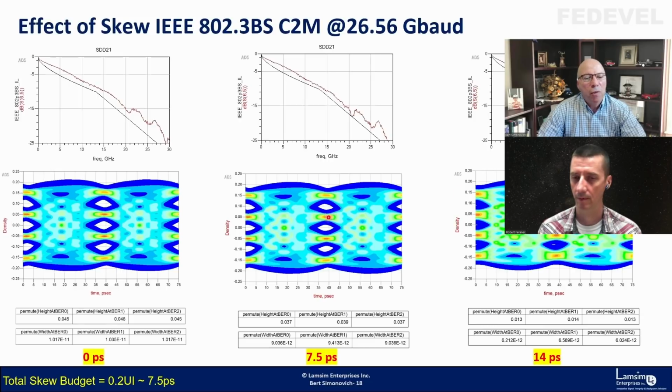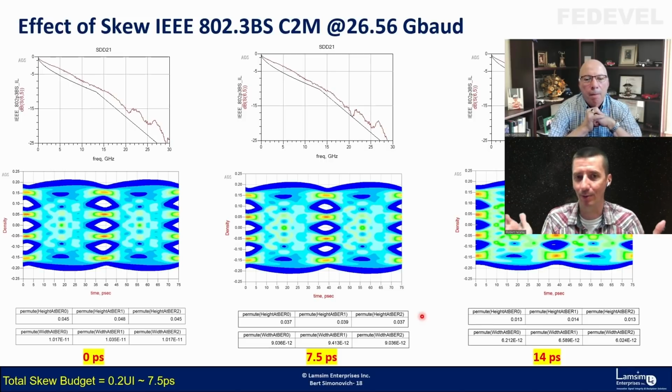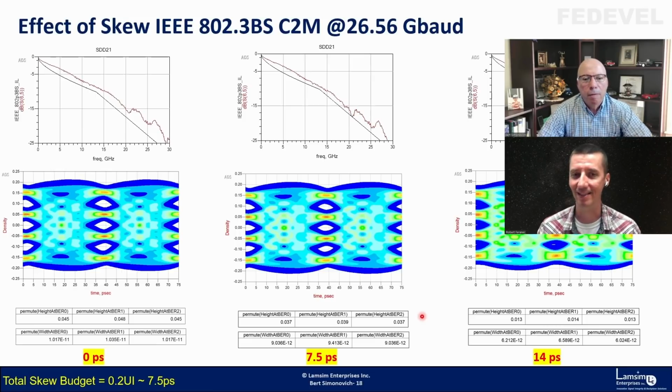And here's what it's doing to your eye opening. Okay. Because in my head, I knew that if you have different skew, then it's going to damage your eye, because the edges can go at different times. But I didn't know it's basically the same as when we compare it with this loss. It's interesting. Everything is connected together. It is. Absolutely.